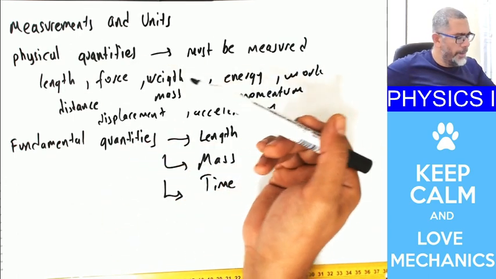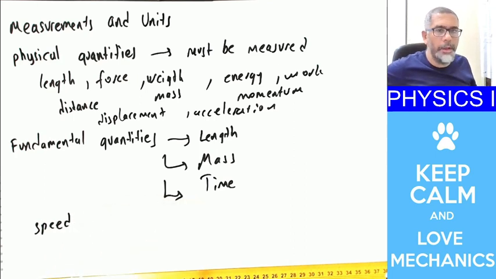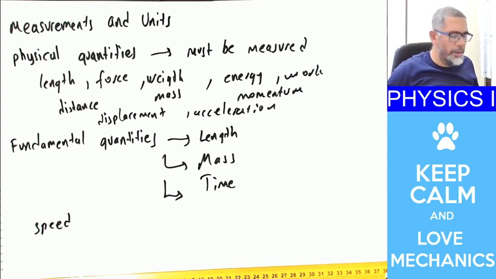For example, speed. Speed is a physical quantity about how fast some object is moving.